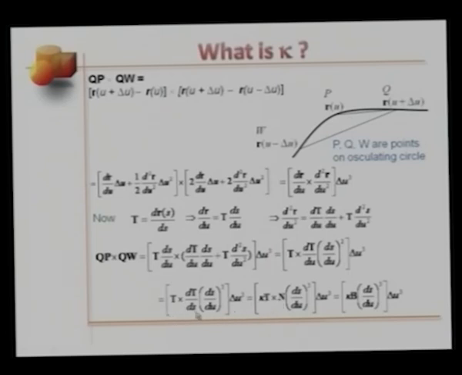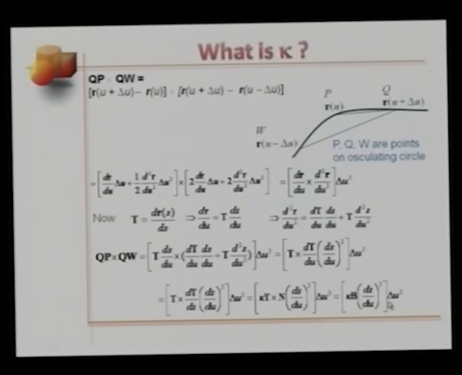So this expression becomes kappa times T crossed with n times this scalar ds over du the whole cube times delta u cubed. And T cross n is the binormal B. In other words, QP crossed with QW now is kappa times the binormal vector B times the scalar ds over du the whole cube times delta u cubed.